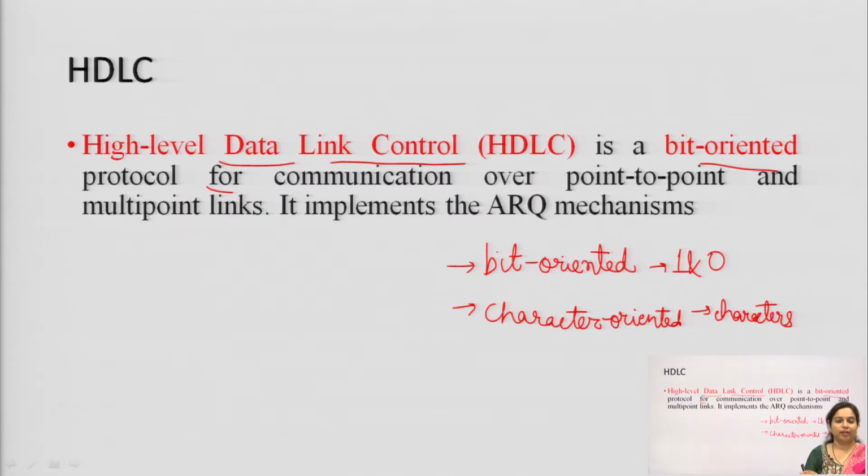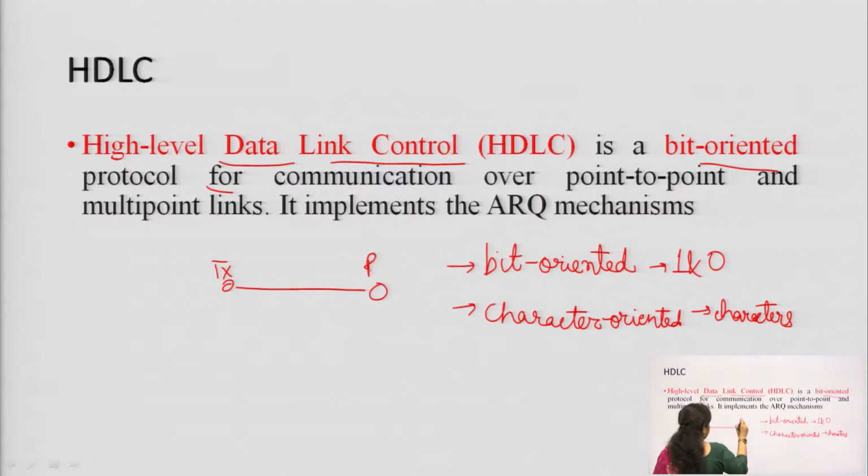So, high level data link control is a bit oriented protocol, and it is possible to communicate over point to point and multipoint links, meaning both types of transmission are possible. Now, what is a point to point and what is a multipoint link? Let us say this is a network that has been set up, and there are 2 nodes. This is the transmitter and this is the receiver, and it will transmit the information in this direction.